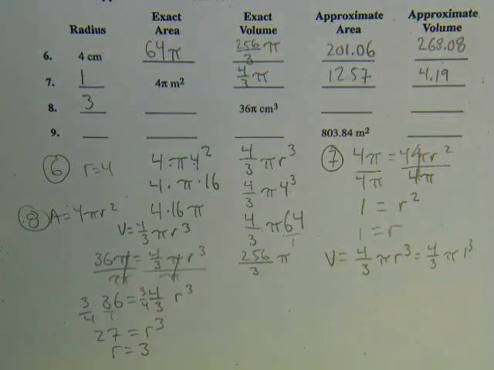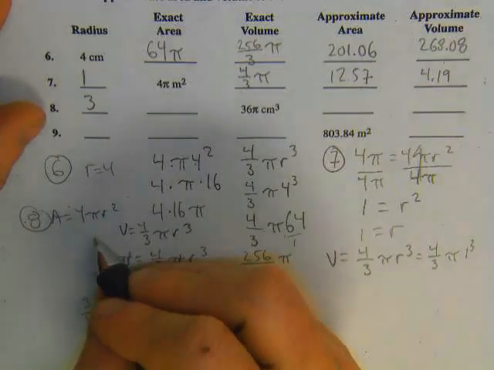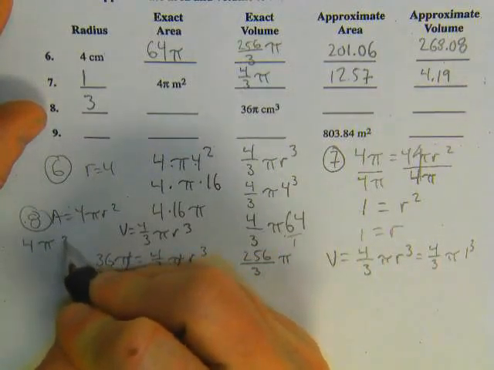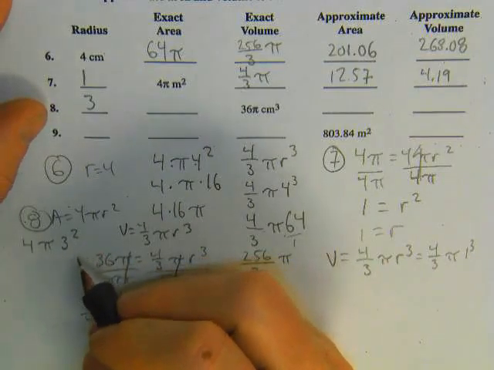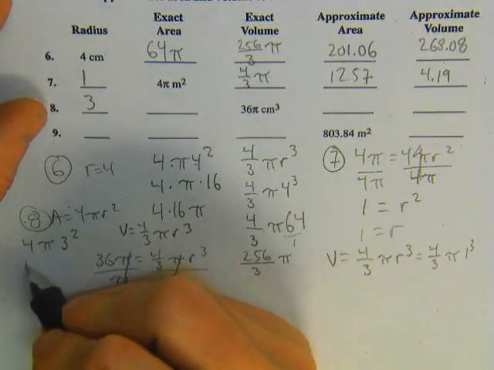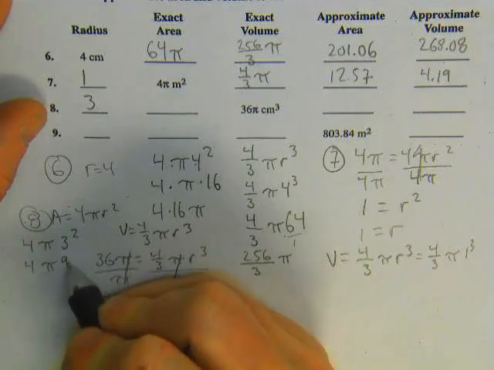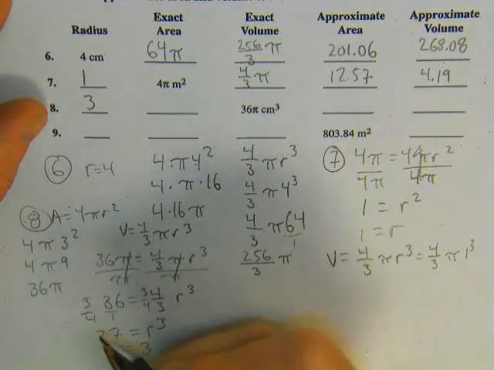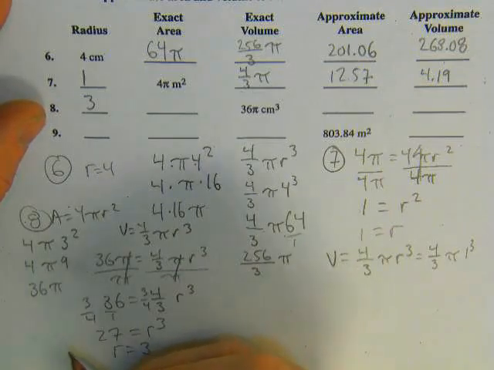If r is 3, we can use that to get the exact area. So we'll just plug it in here. 4 times pi times 3 squared. 3 squared is 9. 4 times pi times 9. 9 times 4 is 36 pi. 36 pi is the exact area.